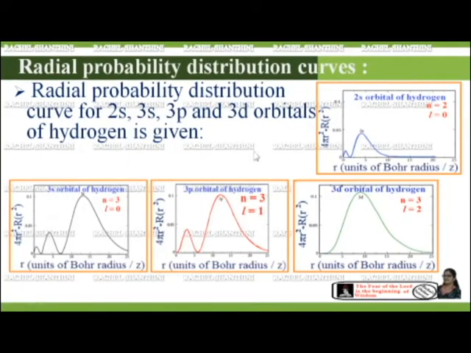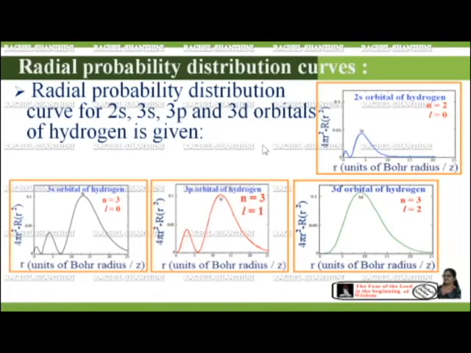There is also a probability to find the electron at other distances, like in the 2s orbital, 3s orbital, 3p orbital, and 3d orbital of hydrogen. The radial probability distribution curves for the 2s, 3s, 3p, and 3d orbitals of hydrogen are given in this slide.